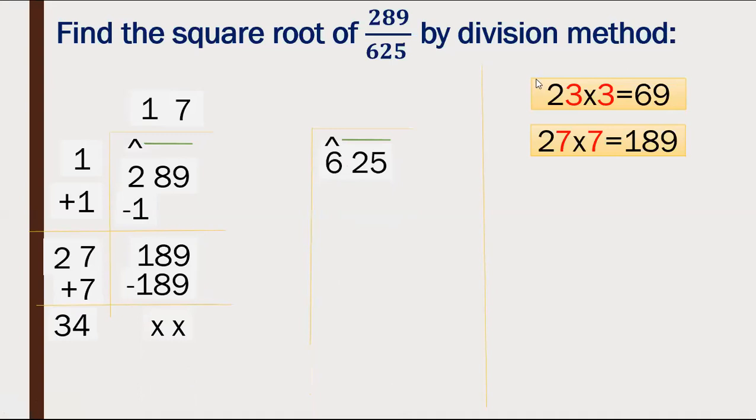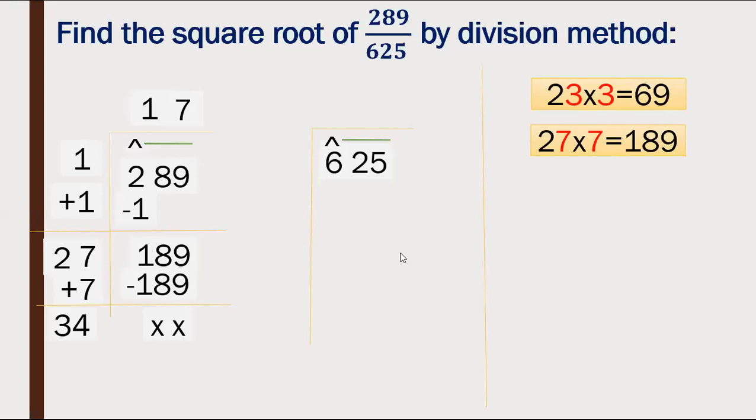No, we are not going to take 1 ones are 1. We know that 1 ones are 1, 2 twos are 4, 3 threes are 9. 9 is a bigger number. So we can take 2 twos are 4.